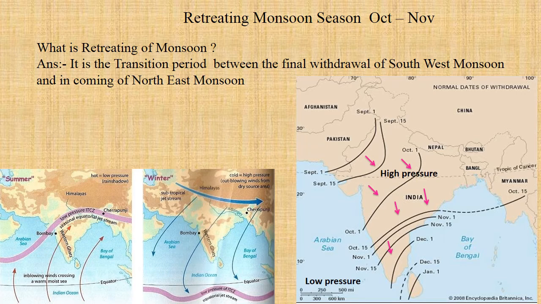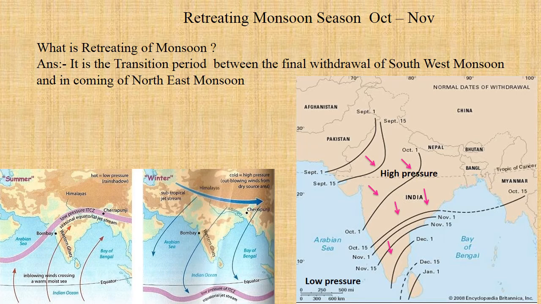Observe the ITCZ in the summer season. That is the low pressure zone called the intertropical convergence zone. It is over India, in the Indo-Gangetic plains.